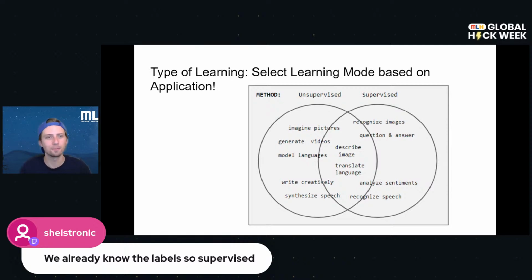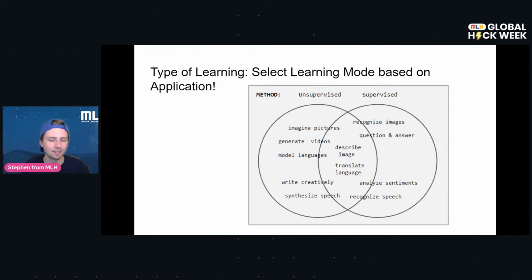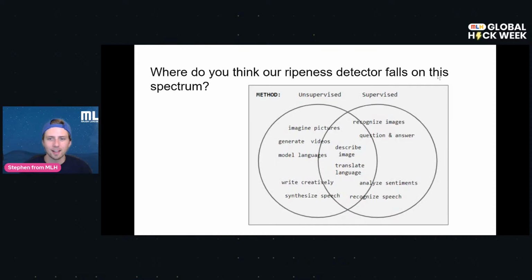That's a really good point. In unsupervised learning, we don't necessarily know that. So that's a really good one as well. And in fact, recognizing a ripe fruit versus unripe fruit would be firmly within the supervised category. So we're definitely going to be implementing one of those algorithms.